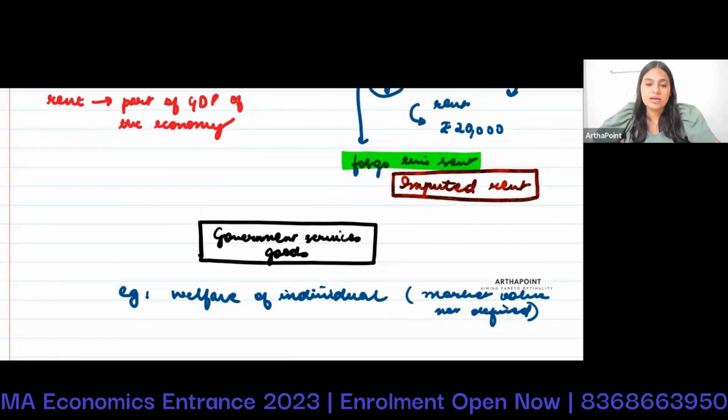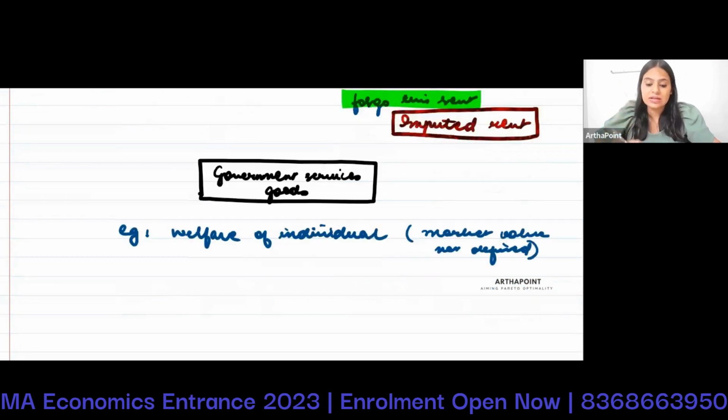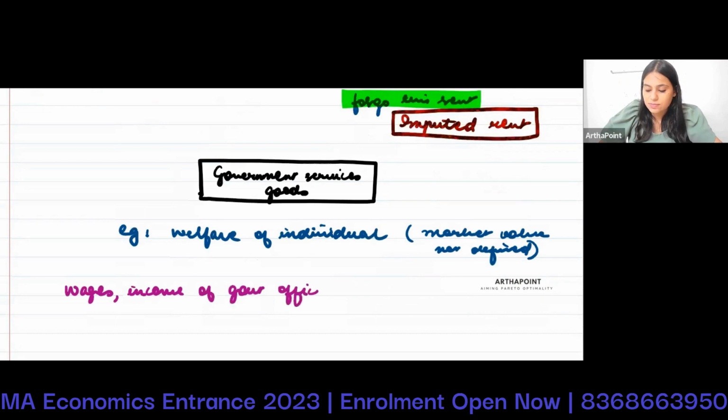In this case, we can add the wages, income of government officials. So for example, the person who is working in railways, he is the government employee. I will add his income.